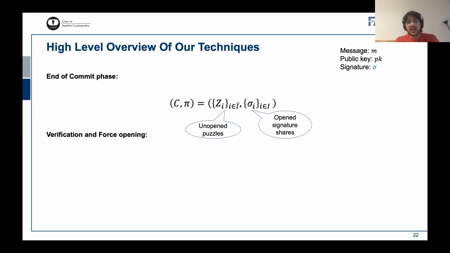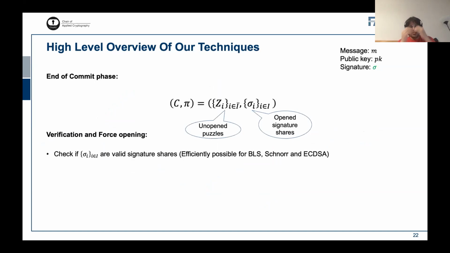Okay, so now you have the unopened puzzles as the commitment and the open puzzles as the proof, respectively. The verification works as follows. The verifier checks if these open shares are indeed valid signature shares. You can do this efficiently for BLS, Schnorr, and ECDSA. I will show you this in the case of BLS, but believe me, you can do this efficiently for Schnorr and ECDSA as well.